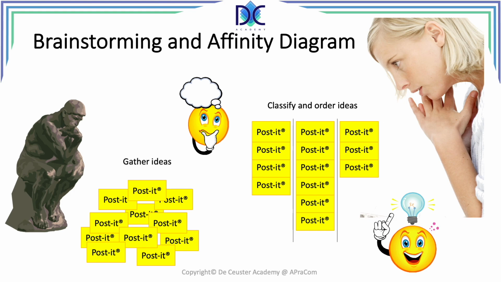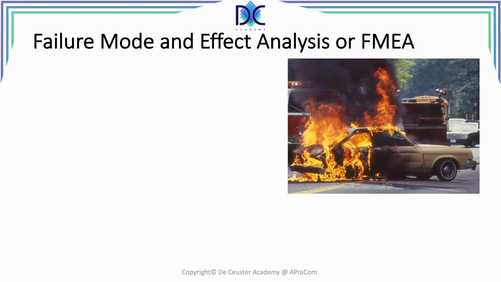Another very interesting item is what we call the failure mode and effect analysis, also called FMEA. You see a car burning, and basically this was the Ford Pinto. The Ford Pinto was a kind of catastrophic car developed by Ford in the United States.